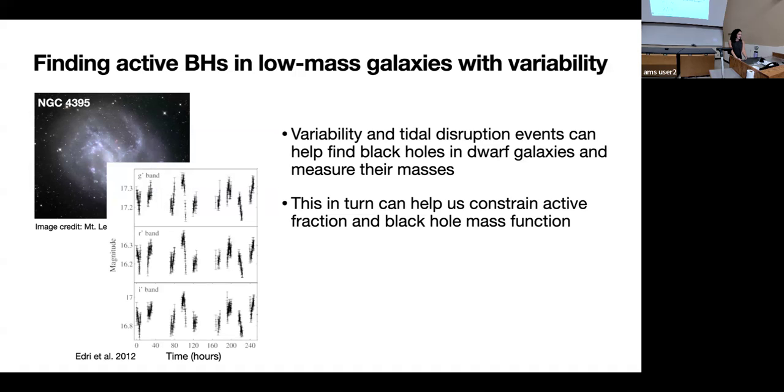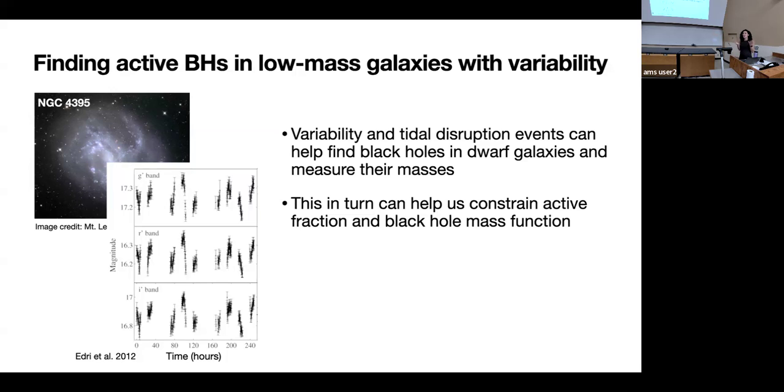So this just shows the brightness versus time at the center of a pretty nearby quintessential dwarf galaxy with an active galactic nucleus. And this one's kind of neat because you can also see variations here on short time scales. So now the x-axis is in hours.